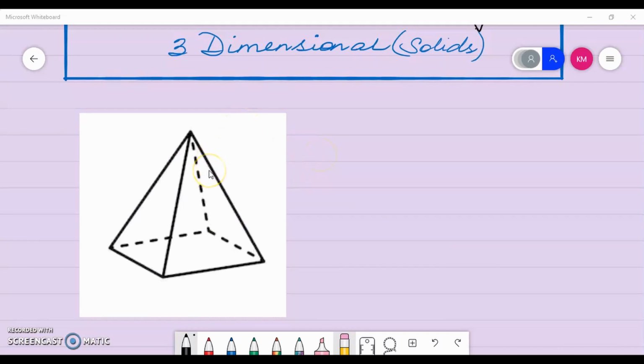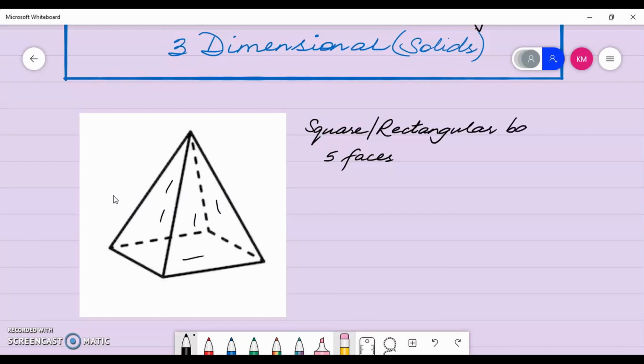Our next solid is called a square or rectangular based pyramid. So let's see how many faces we have. There's 1 at the side, 1 at the front, another 1 at the side, and there's 1 at the back, 1 at the bottom. So there are 5 faces. And remember, this is a square or rectangular based pyramid.